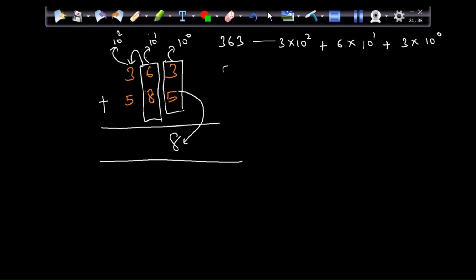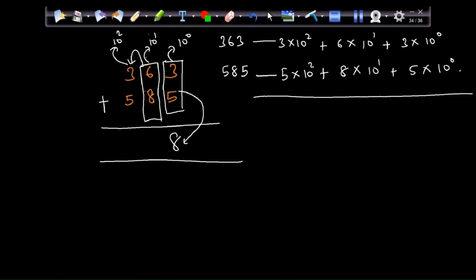And 585 is nothing but 5 into 10 power 3 plus 8 into 10 power 1 plus 5 into 10 power 0.